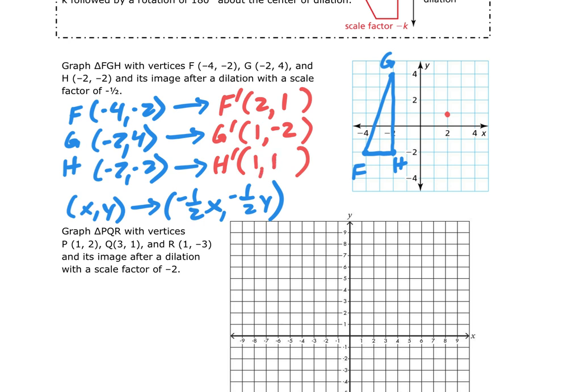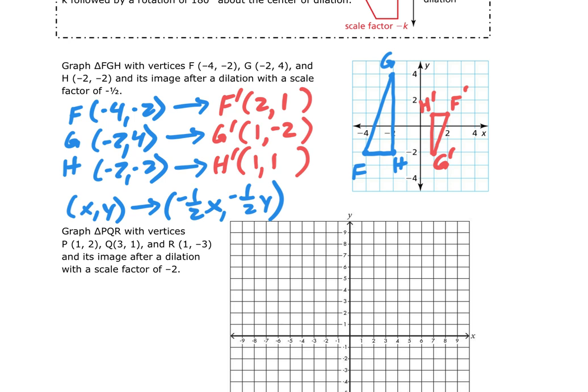So it's going to become 1, 1. So we would label that F prime, H prime, G prime.